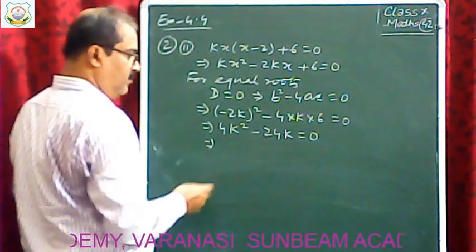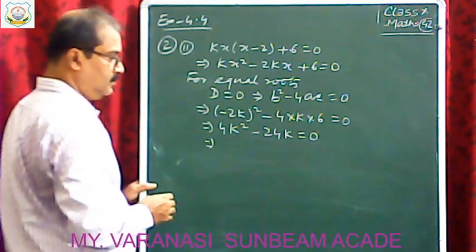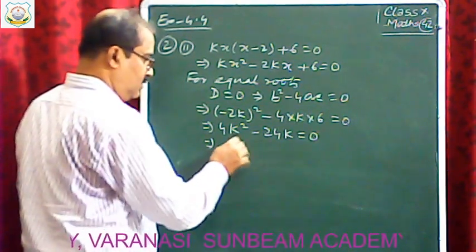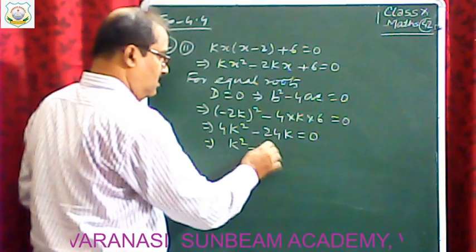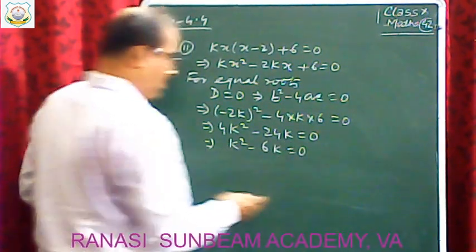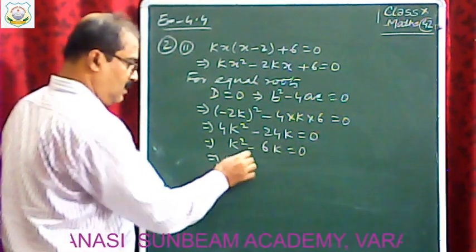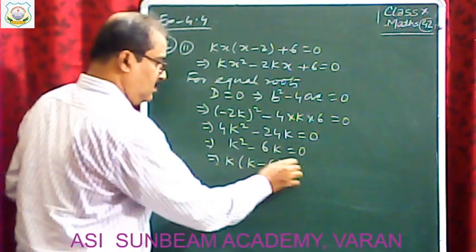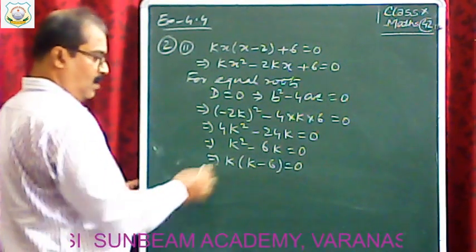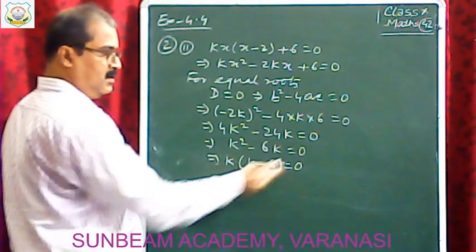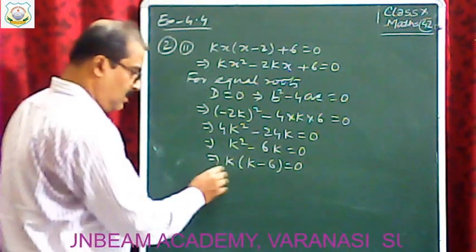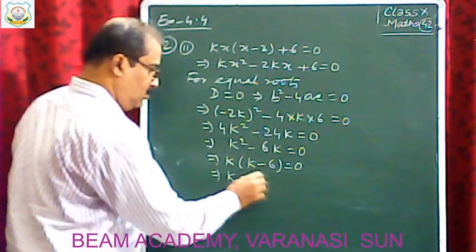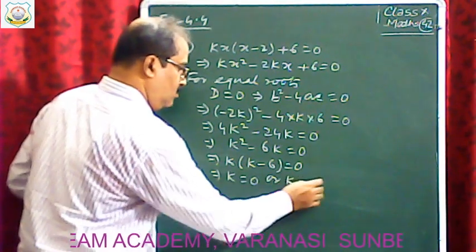Now dividing by 4. So k square minus 6k equal to 0. Now factorize. So k, take out common. So k into k minus 6 equal to 0. So either k equal to 0 or k minus 6 equal to 0, then k equal to 6.